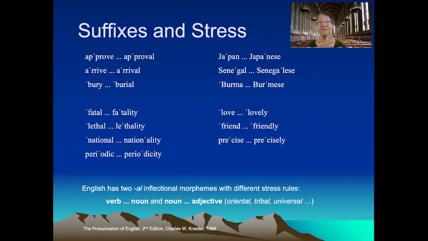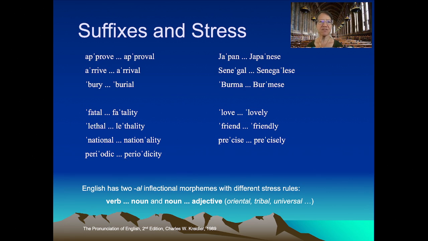In contrast, if we take the ese affix, which is often used for marking languages, then we see that there is a change in the stress pattern from its original location to one to the right. So it shifts one syllable over.